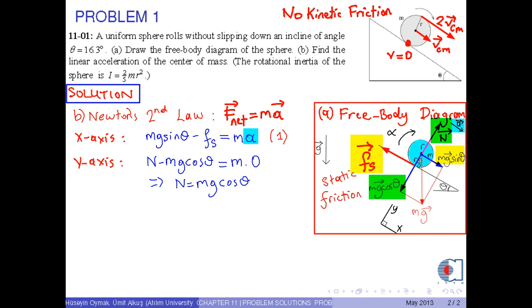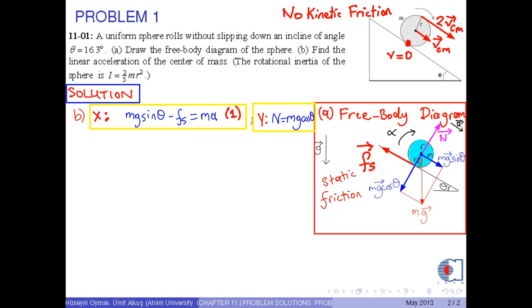In order to find an expression for a, we find the torques on the object. The torque due to the gravitational force, that is tau mg, equals r times m times g times sine beta. According to the configuration, beta is 0.